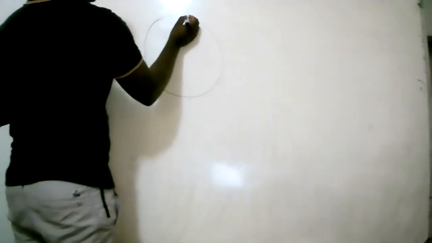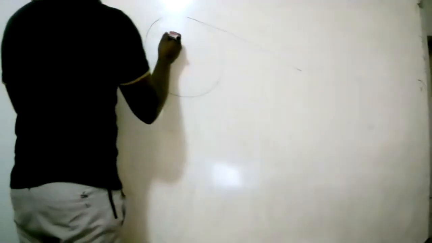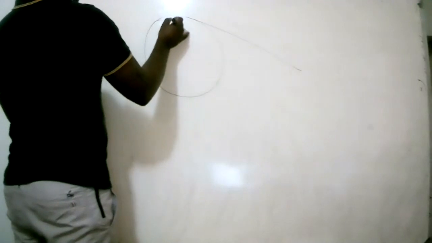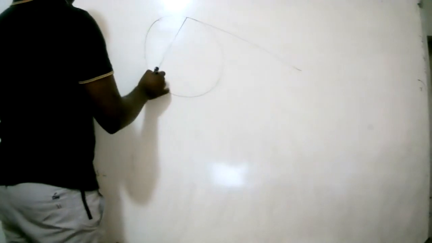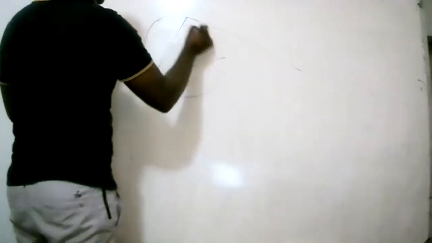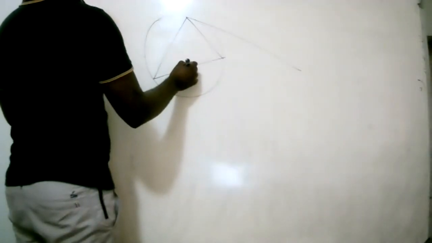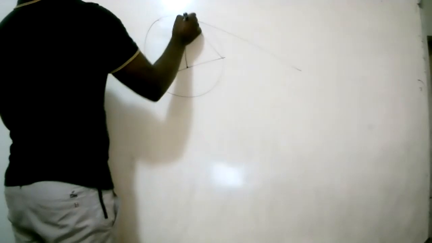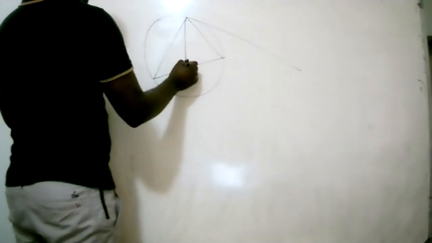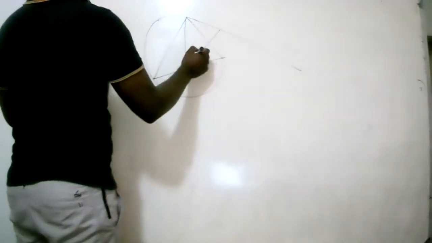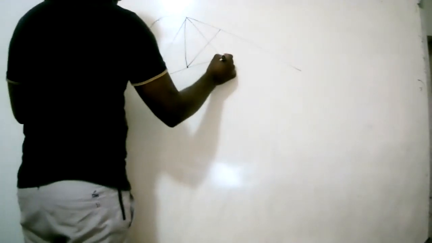So we're given a circle with a tangent which looks like this, and the triangle inside, here is the center. Another line like this, and here.